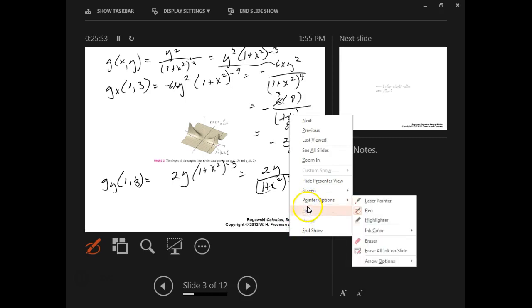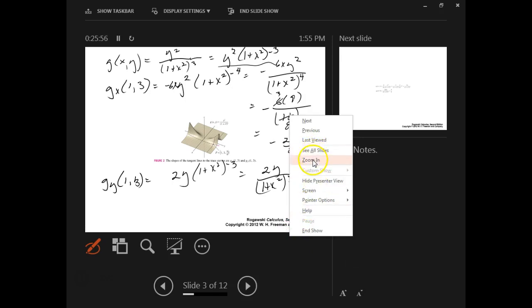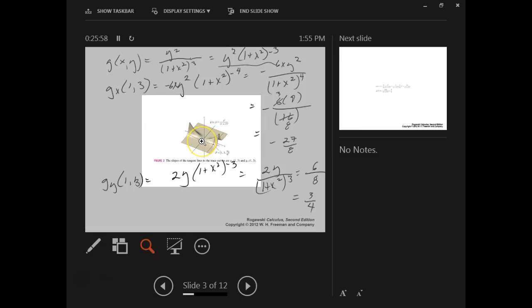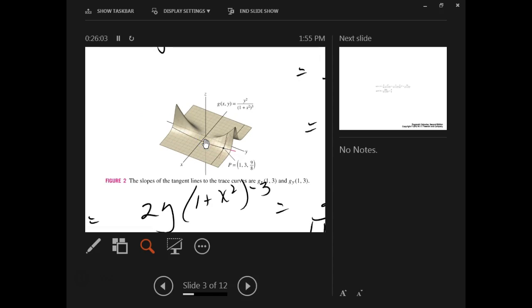That doesn't necessarily give a very enlightening graphic here. Let's see if this will make it look any better. I kind of doubt it, but let's see. They're doing 1 space this way, 1, 2, 3 spaces this way, and then you go up. I don't find that looks like it's in the right place. It would be a little further back this way. Your slope coming down this way is very strongly negative.